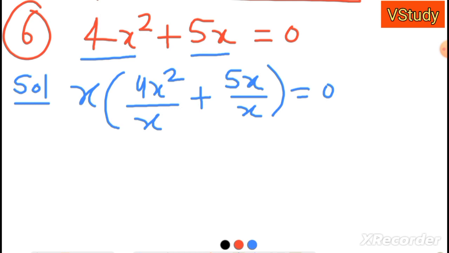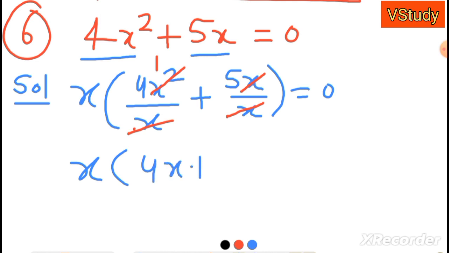So this x cuts x square one time, and this x cuts this x. Now we have x times 4x plus 5 is equal to 0.